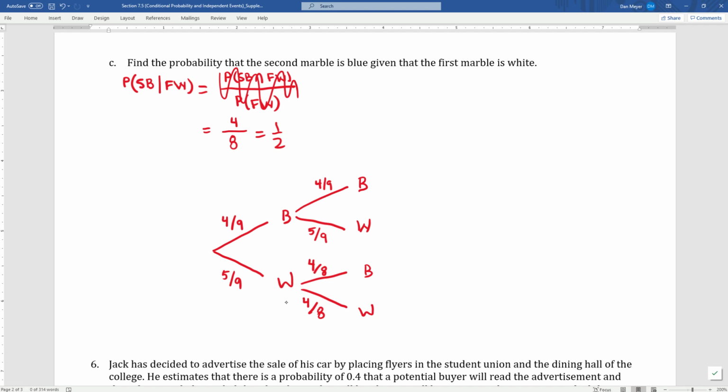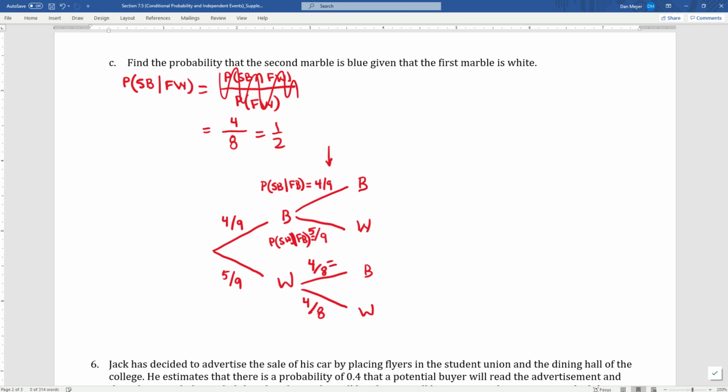All right, now all of these second stage probabilities, those are the conditional probabilities. This one right here is the probability that the second is blue given the first is blue. And this one right here is the probability that the second is white, given the first is blue.